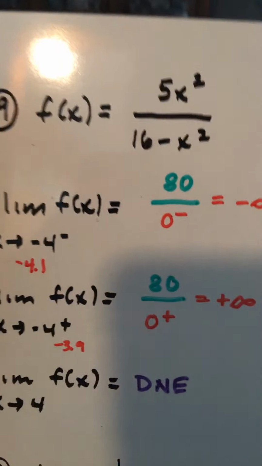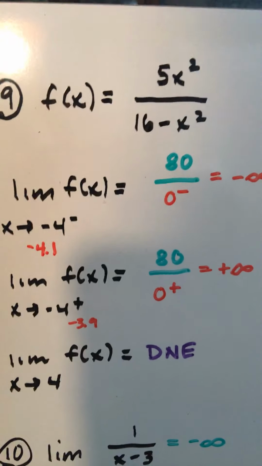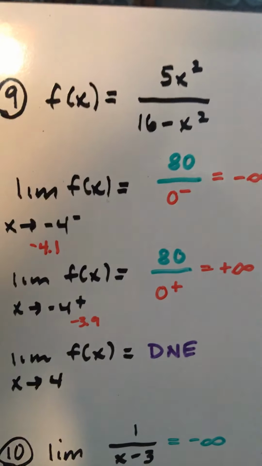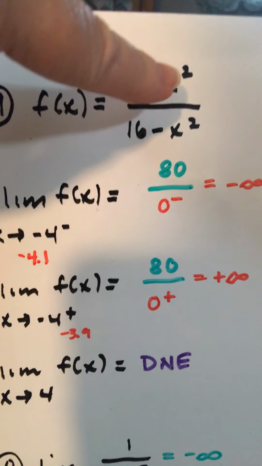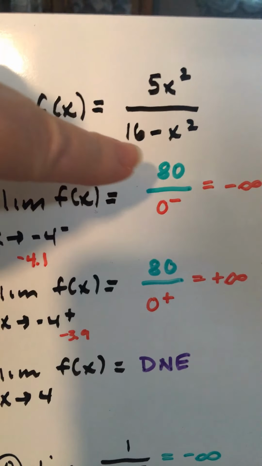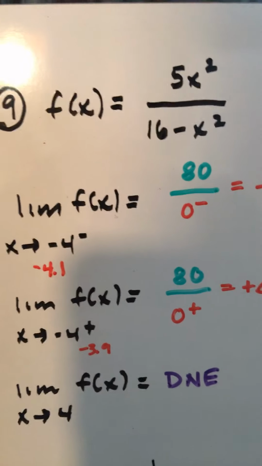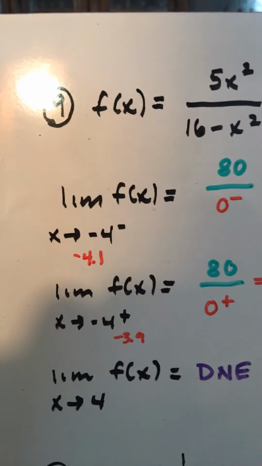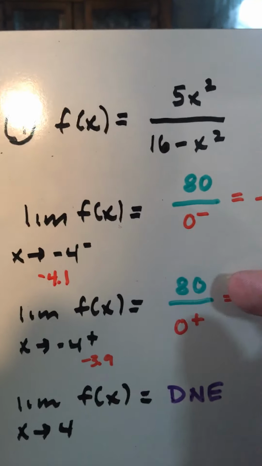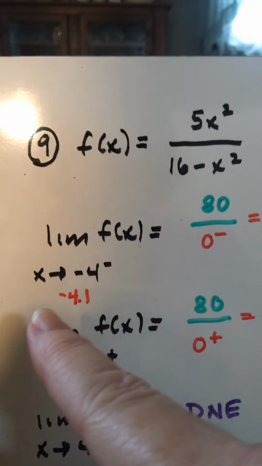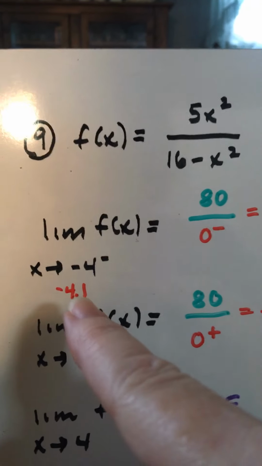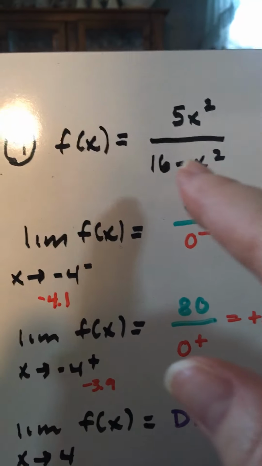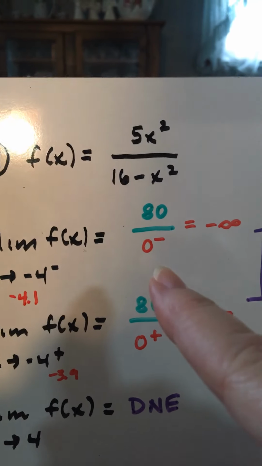One last problem where we make you do all the parts. I'm going to use -4. Notice 16 times 5 is 80, and 16 minus 16 is 0. Step 1. So I put 80 over 0 and 80 over 0. Step 2, a little left. When I square this, it's bigger than 16, and 16 minus something larger is negative.